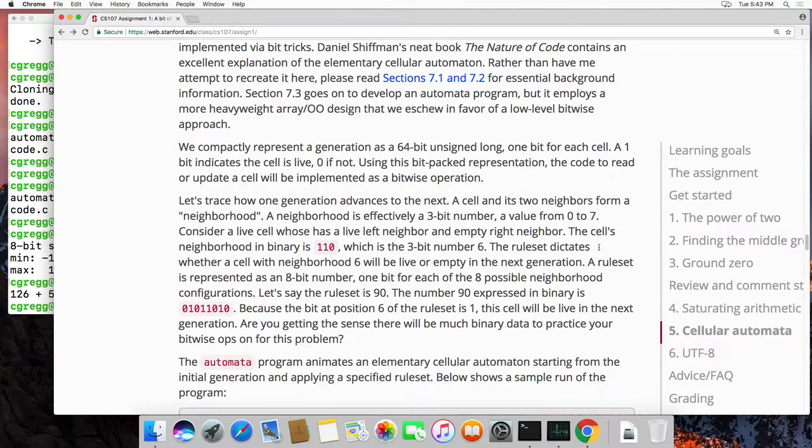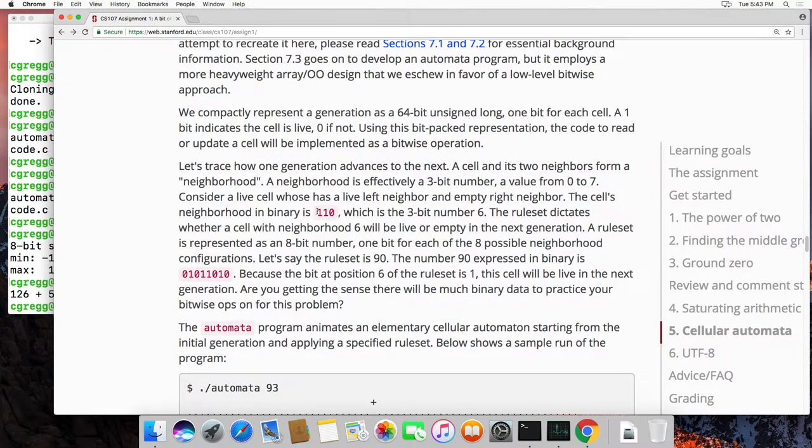Notice that there are 3 bits per neighborhood, and 3 bits you can represent with 8 different numbers. So 110 happens to be equal to 6. We will have a rule set that is an 8-bit number because 3 bits can create 8 different possibilities, 000, 001, 010, etc. And 110 happens to be 6.